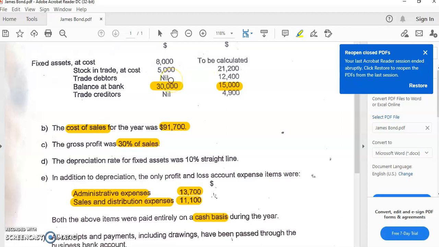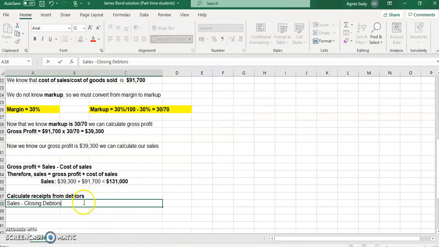But we don't have that. So what we do is just subtract our closing debtors from our sales figure, and that will give us how much money we receive from the credit customers. So our sales minus our closing debtors will give us our receipts from our credit customers.